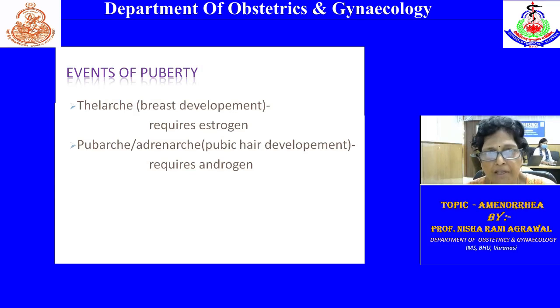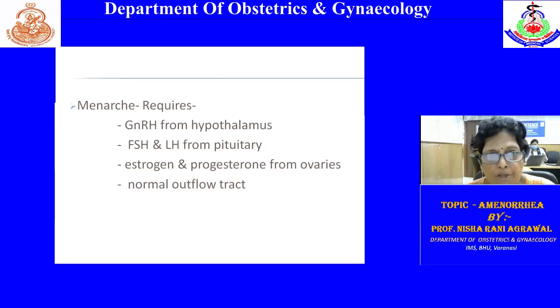What are the various events of puberty? There is thelarche, that is the breast development. It requires estrogen. Then there is pubarche or adrenarche, where pubic hair development occurs and it requires androgen. Then there is menarche or initiation of menstruation.